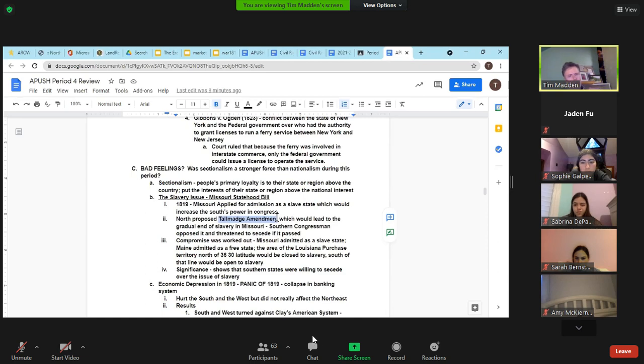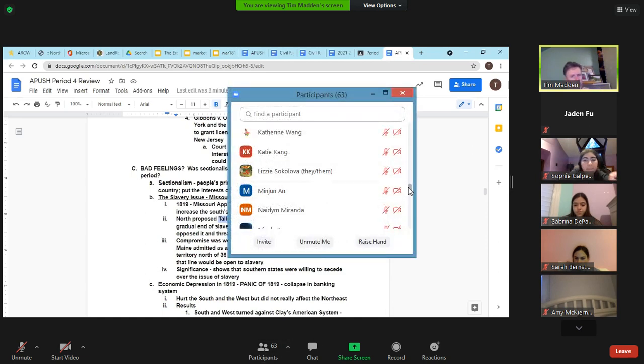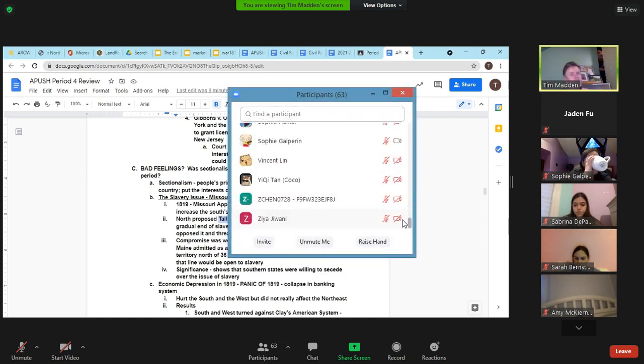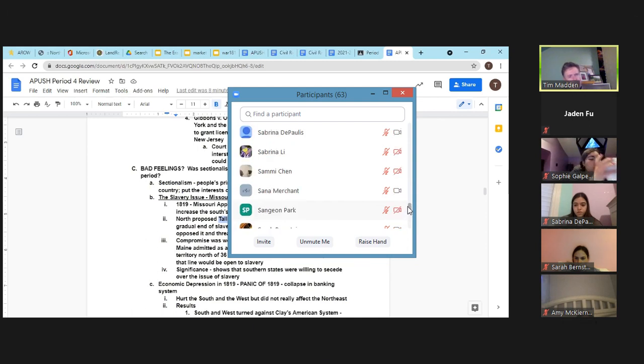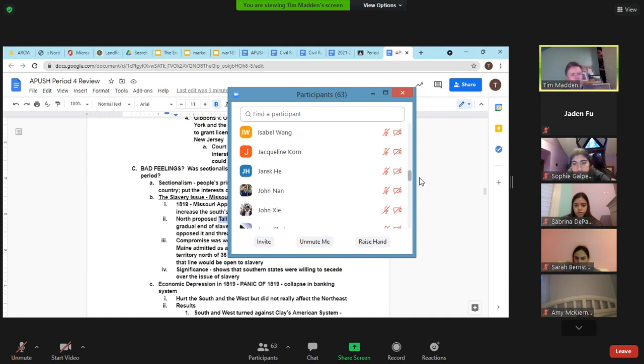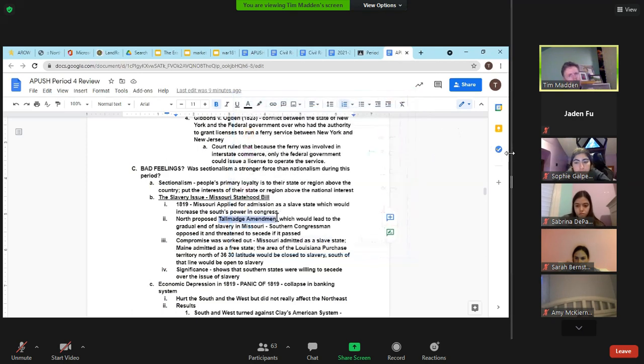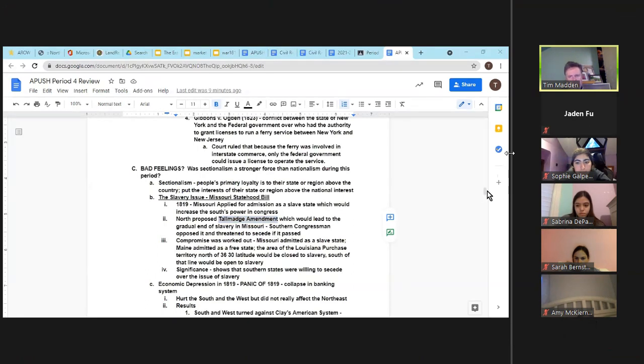It was a Northern proposal that would provide for the gradual end to slavery in Missouri. Over a period of time, no new slaves could be brought into the state, and at the age of 25, a slave would be freed. Over time, that would likely bring an end to slavery there.